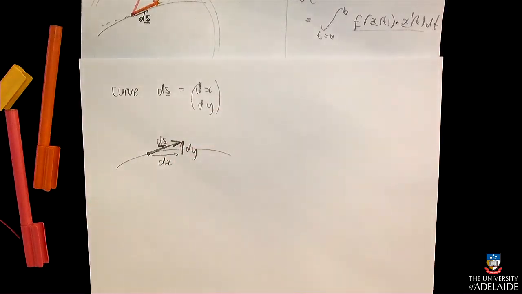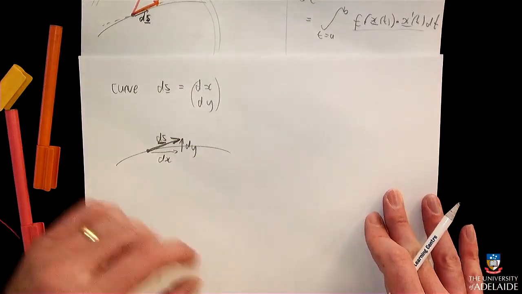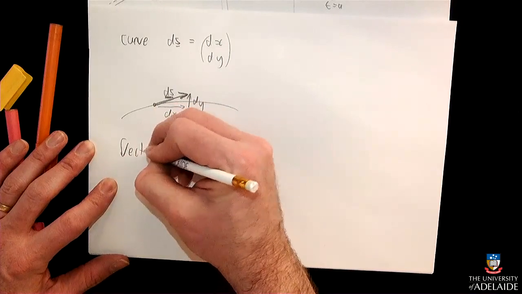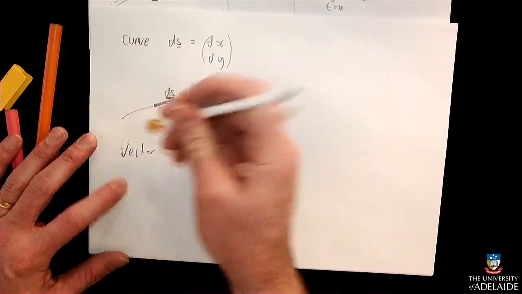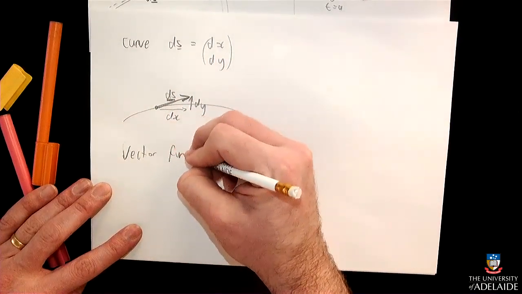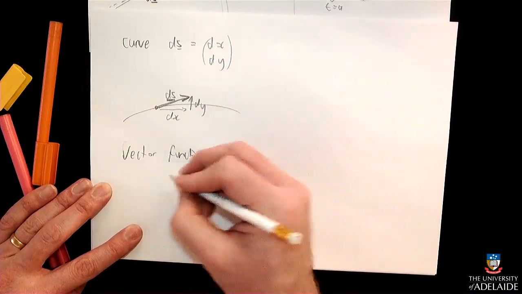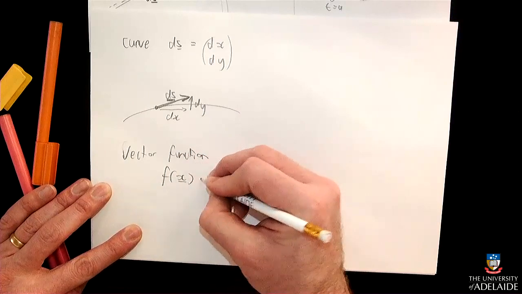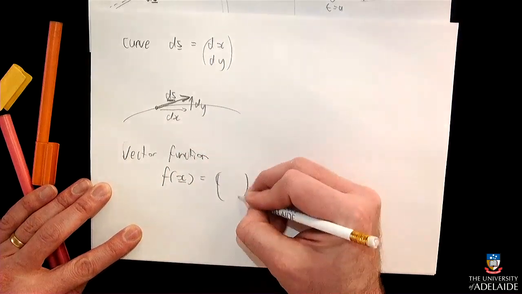So, when I do f dot ds, well, that's a vector as well, right?